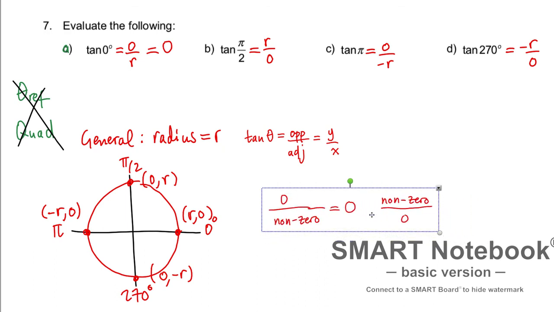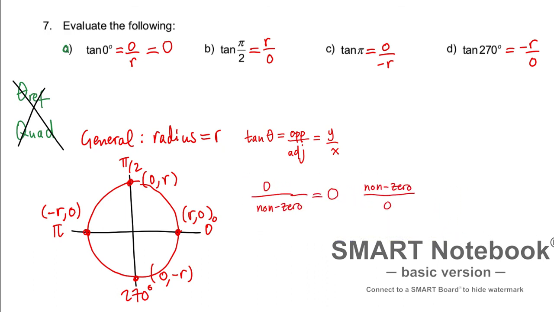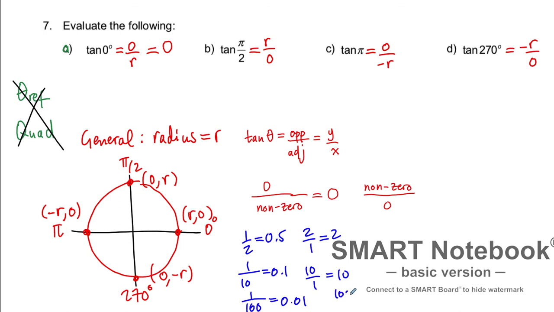and if we consider any other pairs of numbers that we flip upside down, like 1 over 2, which is 0.5, and 2 over 1, which is 2, or 1 over 10, which is 0.1, and 10 over 1, which is 10, or 1 over 100, which is 0.01, versus 100 over 1, which is 100.